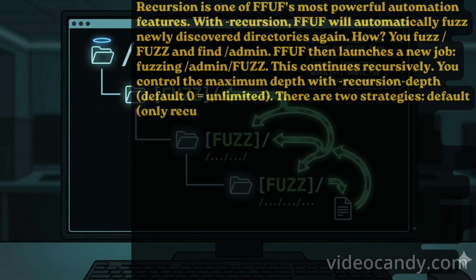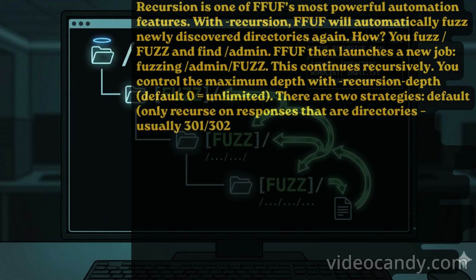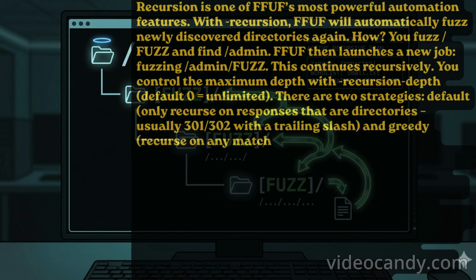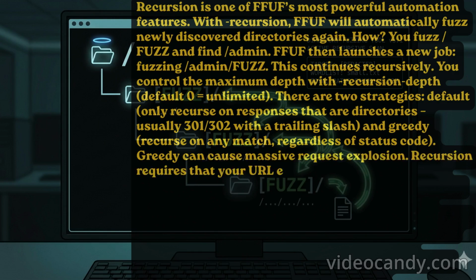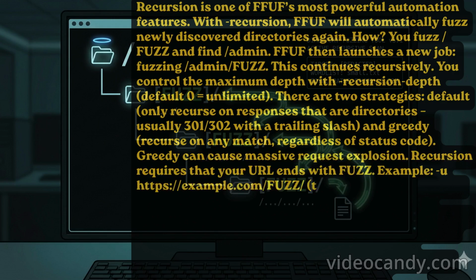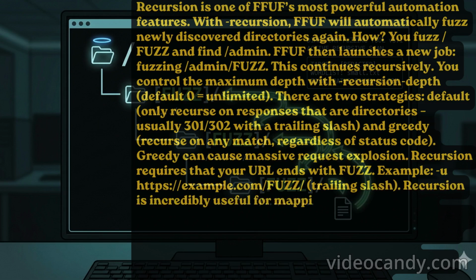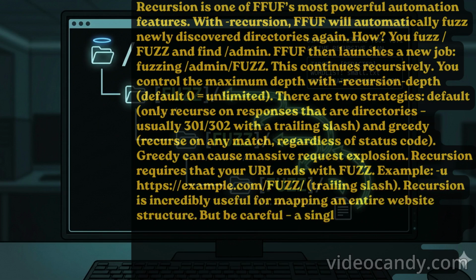There are two strategies. Default only recurs on responses that are directories, usually 300-series with a trailing slash, and greedy recurs on any match, regardless of status code. Greedy can cause massive request explosion. Recursion requires that your URL ends with FUZZ. Example: https://sample.com/FUZZ.